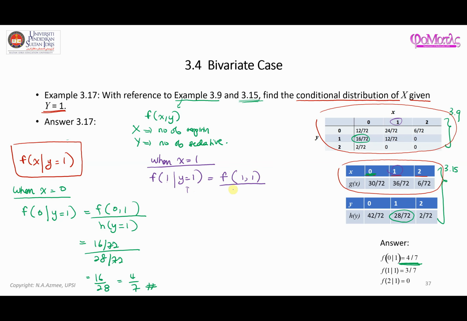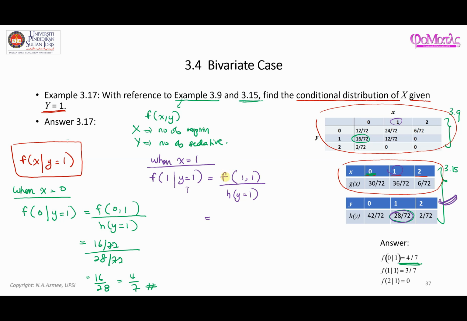And at the bottom part, we're going to supply the information related to y equals to 1. If you don't have the marginal distribution for y, you need to find that first. But fortunately, we have already done that in example 3.15, so we can just get the answer straight away. When y is equal to 1, the answer is again 28 over 72.